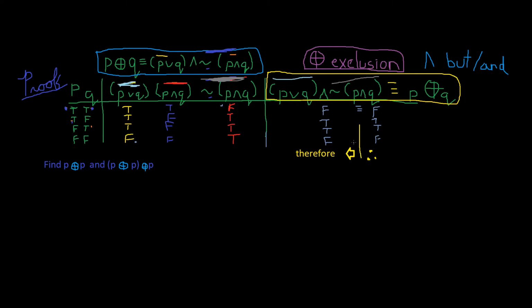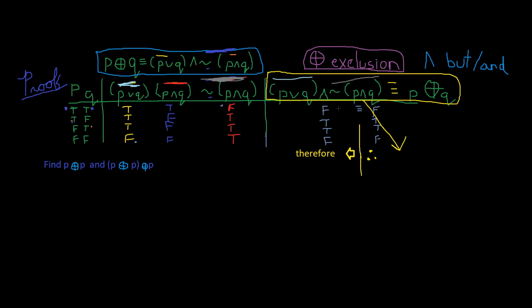So I'm going to draw a line right there, separating what we're going to do right now. And then you bring that down. So therefore, the exclusion for P and Q for the statement is true, right? I'll read it out for everybody so you can understand what's going on.